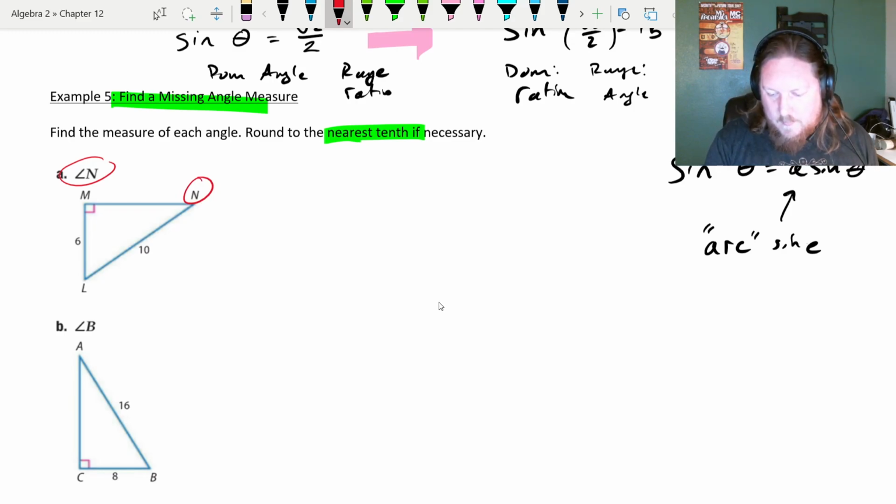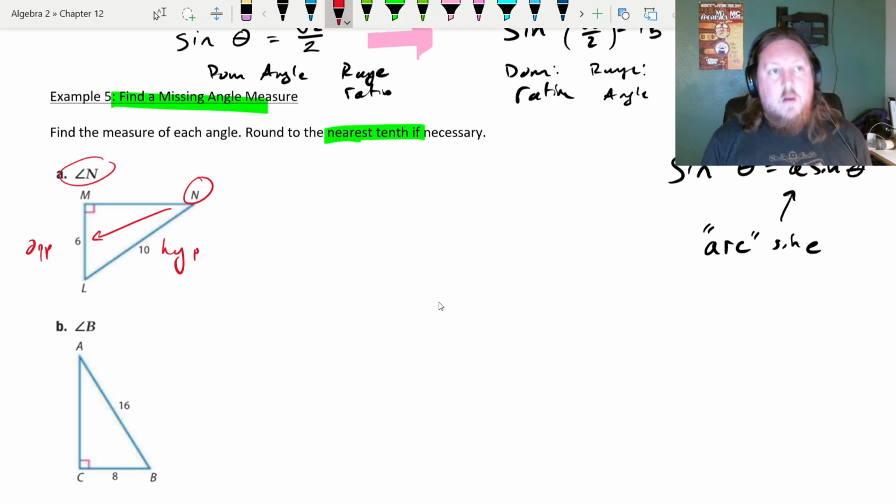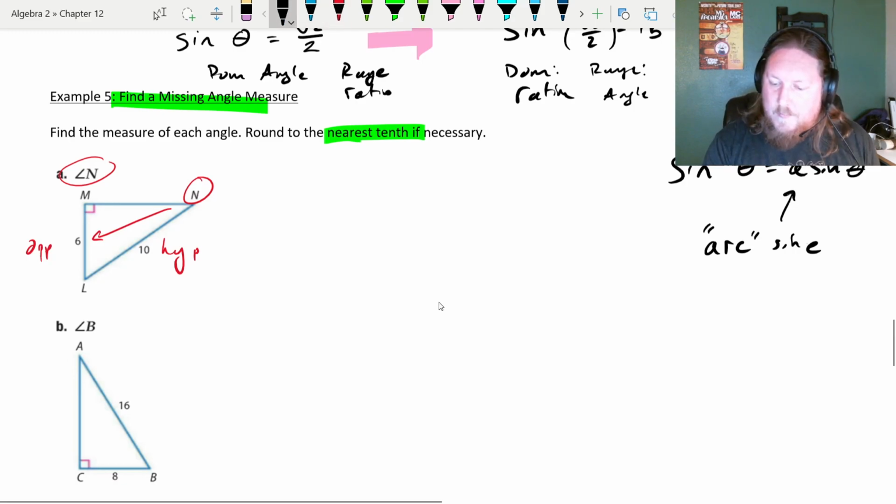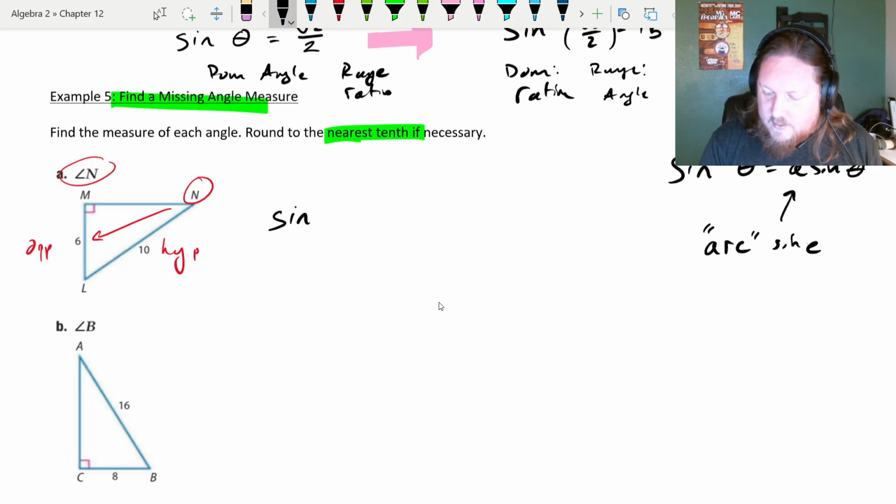If I take a look, I have the hypotenuse, which is always opposite the right angle, and I have the opposite side. Opposite and hypotenuse, that is the sine of angle N is equal to the opposite over the hypotenuse.